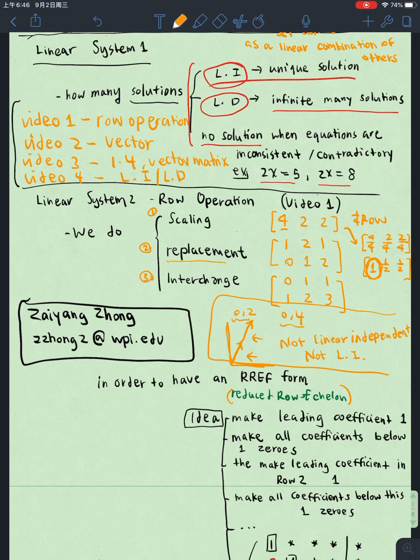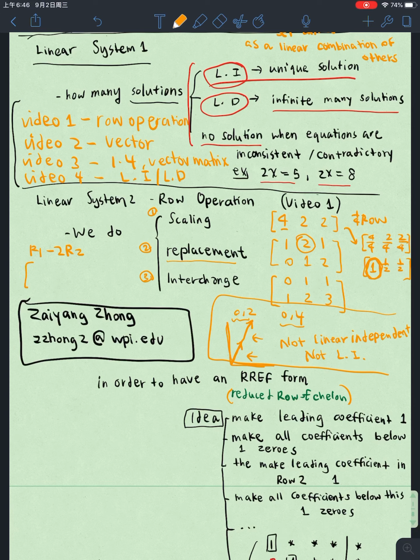And for the replacement, it means that we do some operation to one row based on another row. For example here, we want this 2 to be a 0 because we want to have 0 above all the 1s. In order to do that, we can do row 1 minus 2 times row 2.